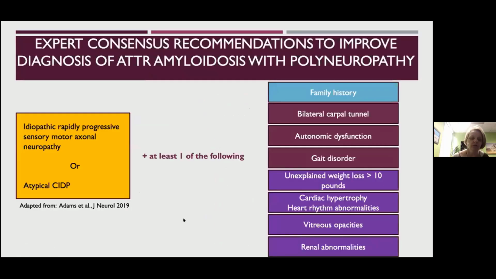So there was the following expert consensus recommendation to improve the diagnosis of ATTR amyloidosis with polyneuropathy.